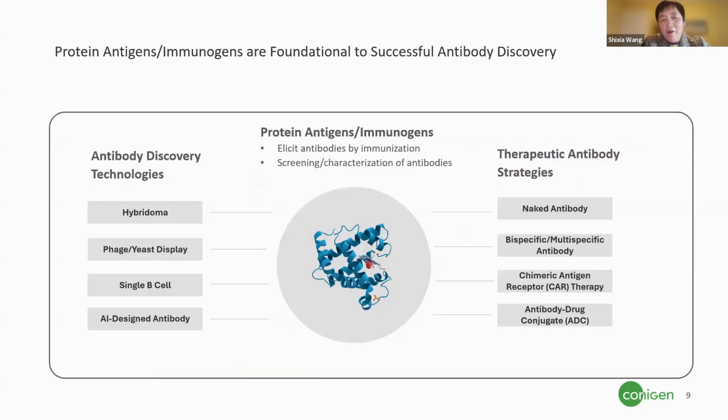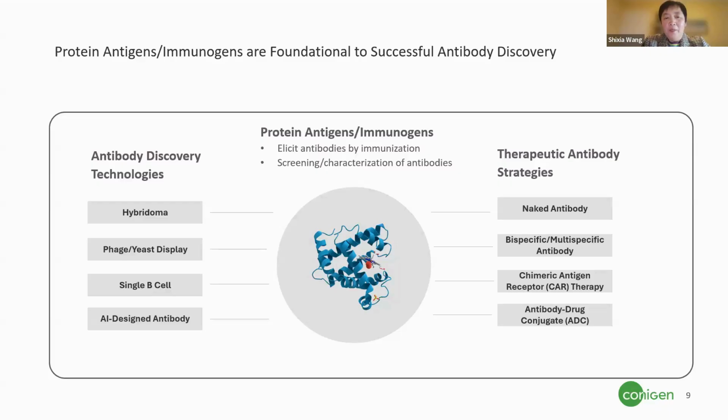So we have heard many successful stories for antibody discovery, for therapeutic antibodies, and also antibody technology development. One of the key elements is the antigen, proteins, immunogens. I think it's the center of antibody discovery.